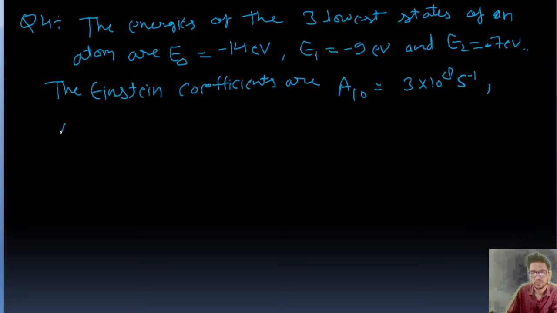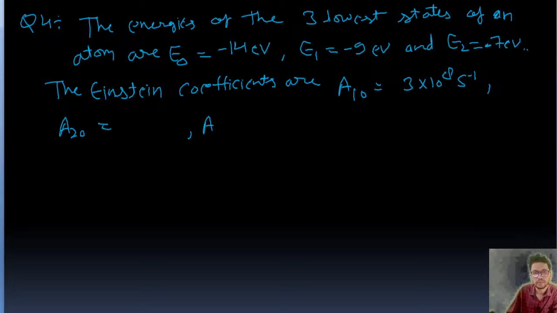And A20 is given, that is 3 into 10 to the power 8 second inverse. Okay, this is wrong, guys, my apology.